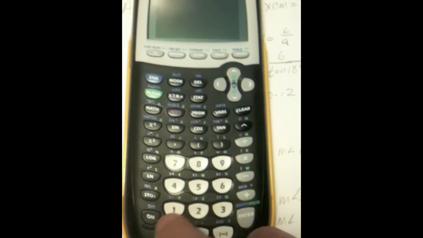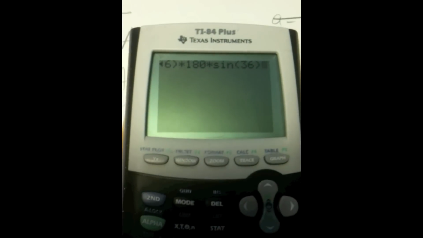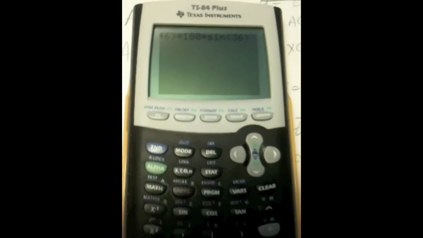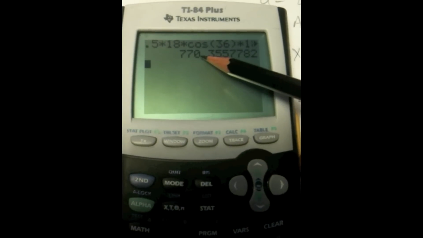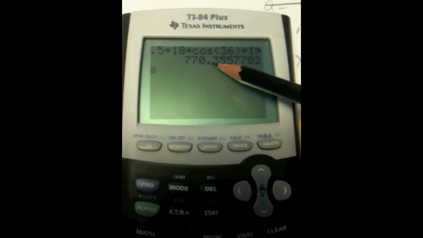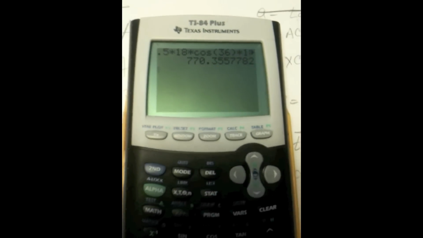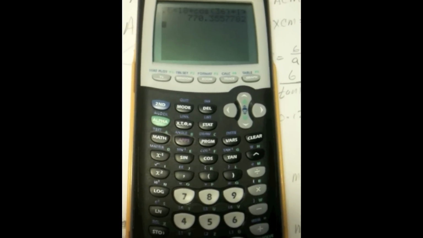And we need to multiply that by 180 times the sine of 36 degrees. You have it entered. It's so long it does go off the screen. Then you simply press enter, and it gives an answer. This would be about 770 square feet, even if we rounded. So you're entering a fairly complicated sine and cosine function into the calculator.